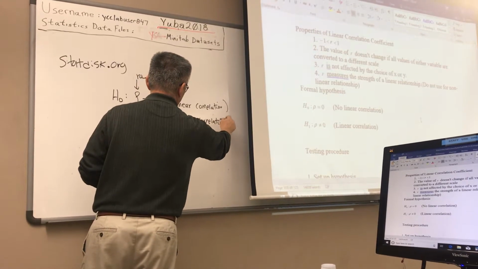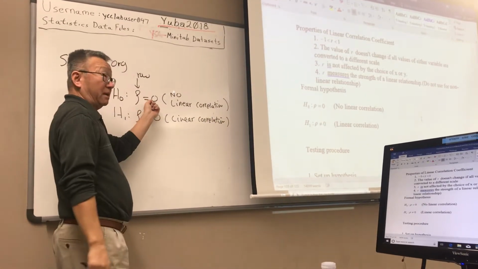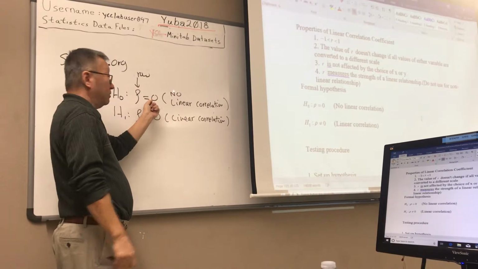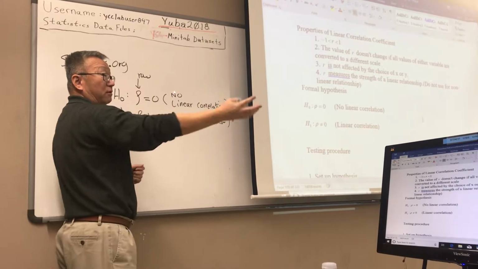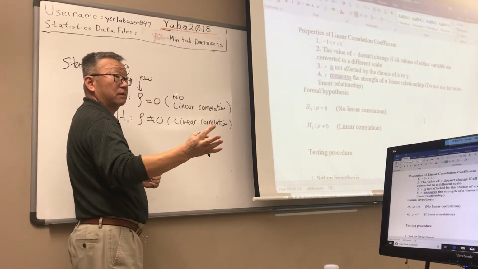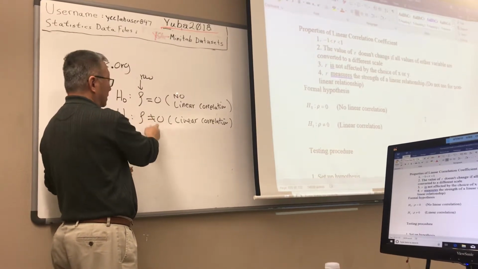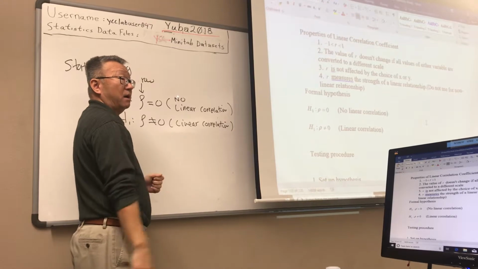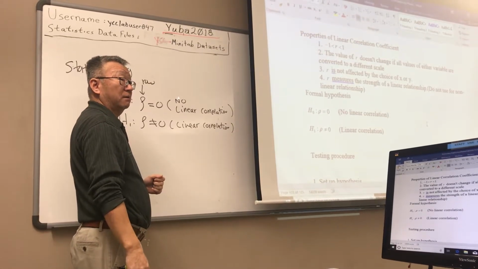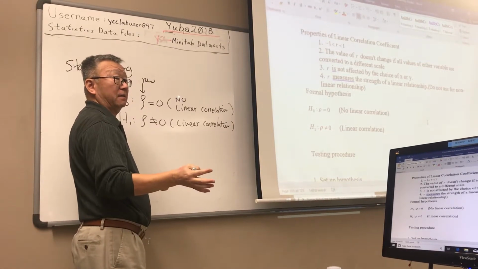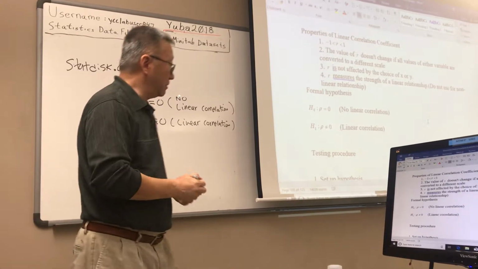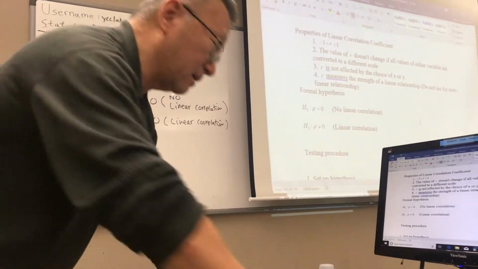Now, if we fail to reject, it's telling you that no correlations. If we reject the null hypothesis, it's telling us that you have correlations. So it's simple as that.